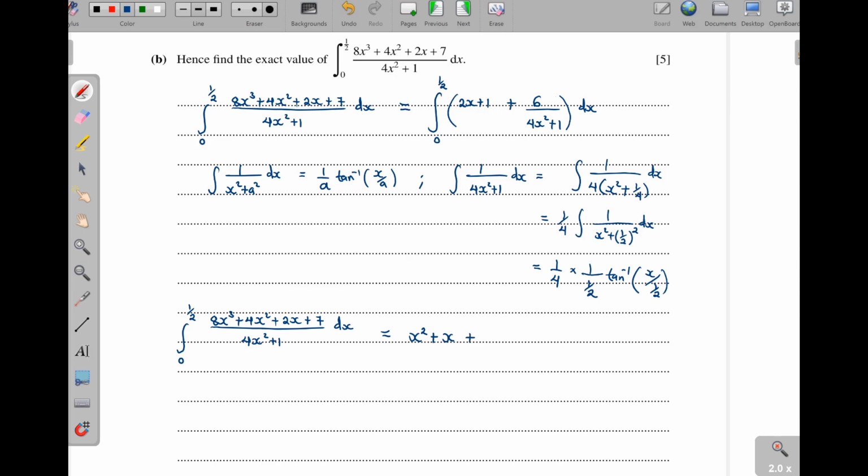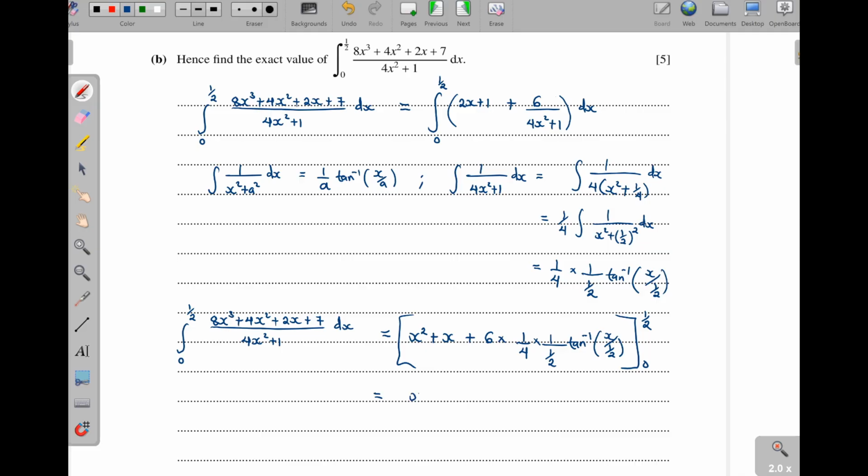Then plus, there is a 6, so I integrated only 1 over this, but there is a 6 out, so I will say 6, then times 1 over 4, then times 1 over 2, then the arctan of x over a half. And then we put our limits, a half, and then 0.